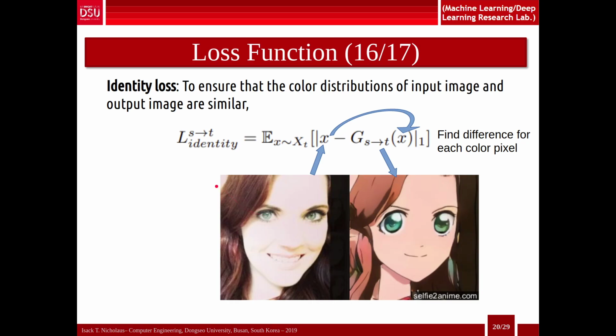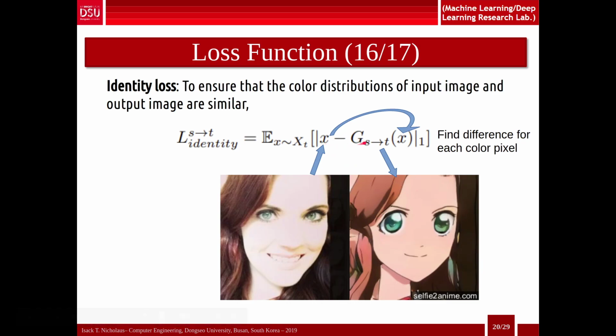Another loss function is identity loss. Identity loss will try to find if the generated image color follows the input or source domain. By finding the difference between each pixel, it gives us how far the given input, like a human face color, differs from this generated anime character over here.